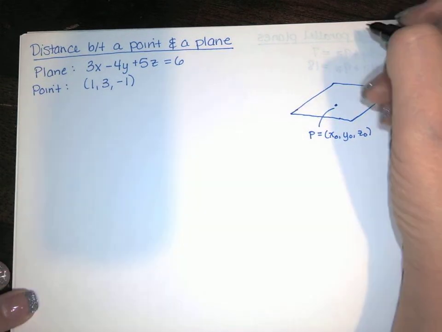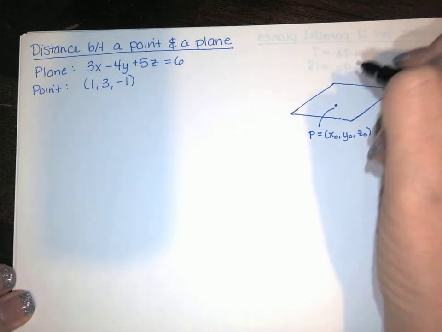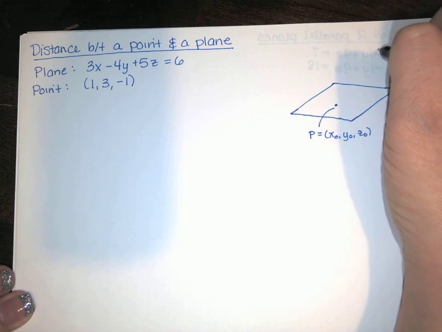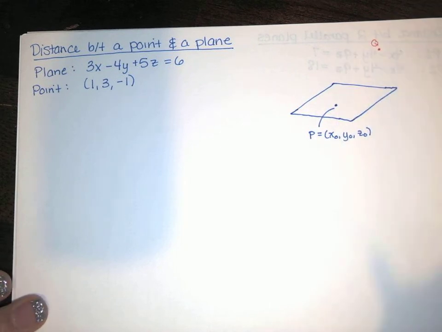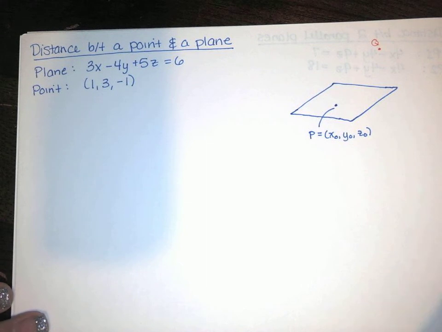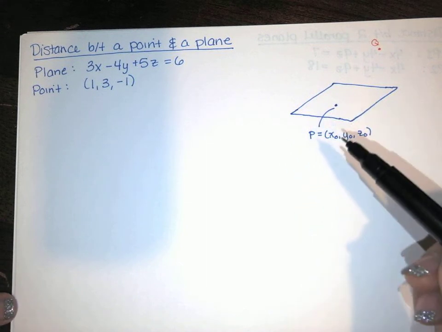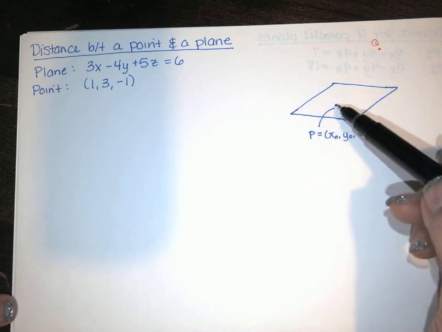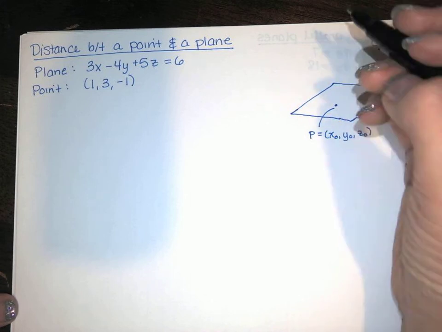And let's say we're interested in the distance between this point and this point Q, which is not on the plane. Actually, I don't even think I needed to label that in order to come up with our formula. That's okay. So I've got P here in the plane.